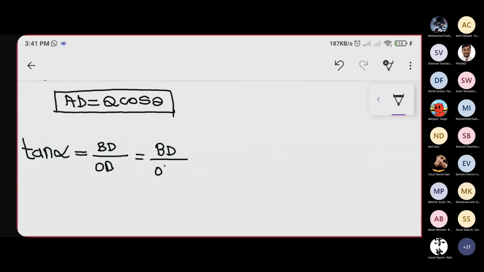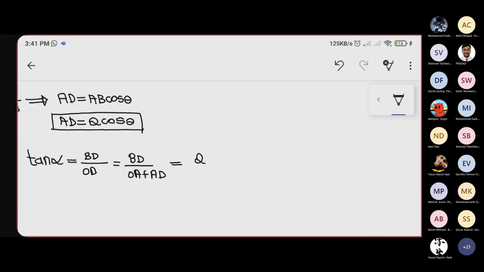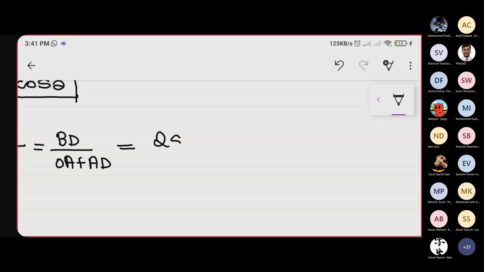So OA plus AD. This BD we already calculated earlier. BD is equal to Q sine theta. OA is P and AD is Q cos theta.